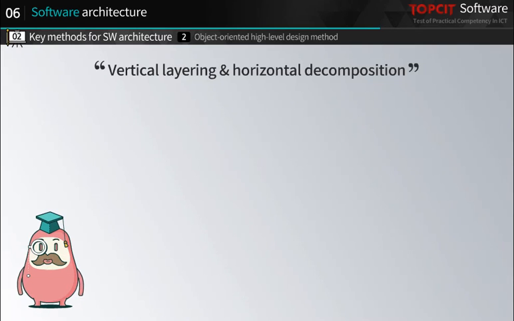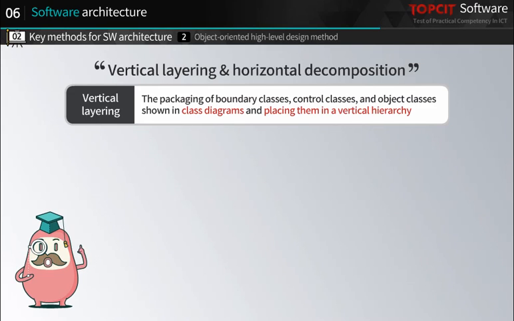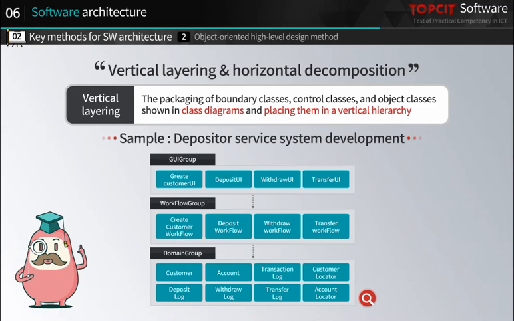I will continue to explain vertical layering and horizontal decomposition. Vertical layering is the packaging of boundary classes, control classes, and object classes shown in class diagrams and placing them in a vertical hierarchy. I will explain them through the picture. The picture shows a layered architecture that is packaged vertically into 3 groups for the depositor service system.